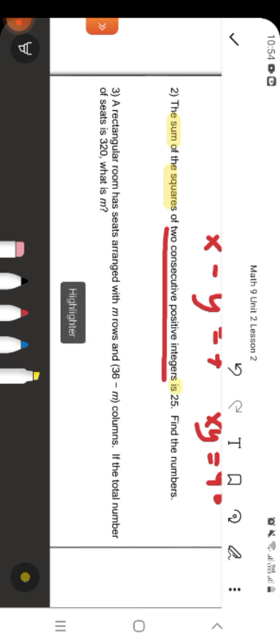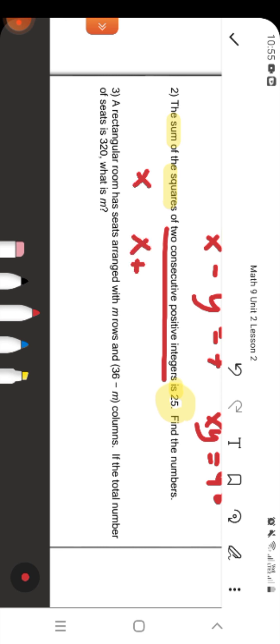Then we have the word is, which means equals. We have 25, right? So we let x be our first number, followed by x plus 1 as the second number, since they are consecutive positive integers. Okay, so let's go to our blackboard.